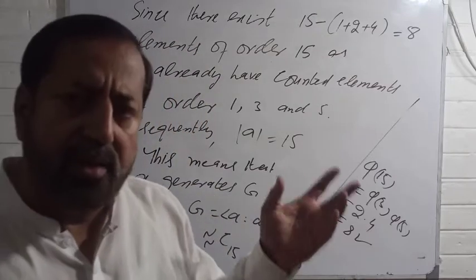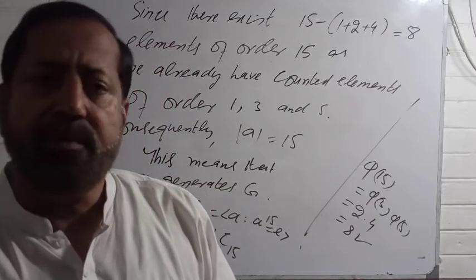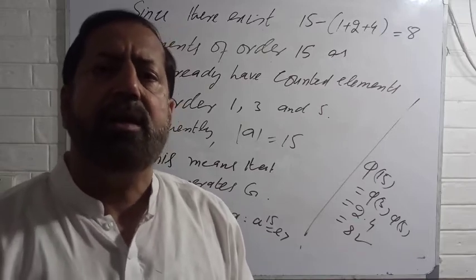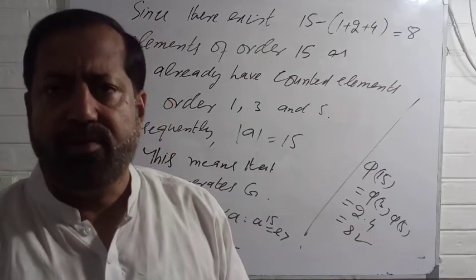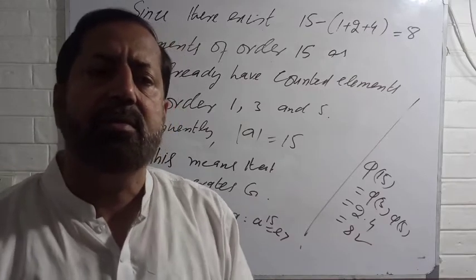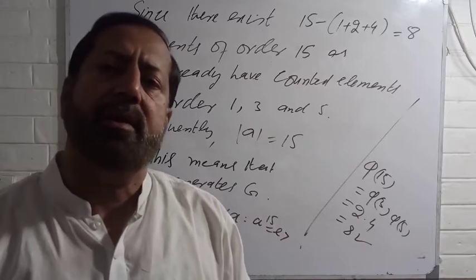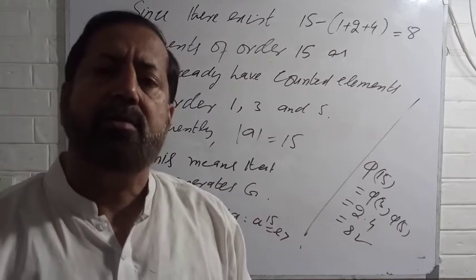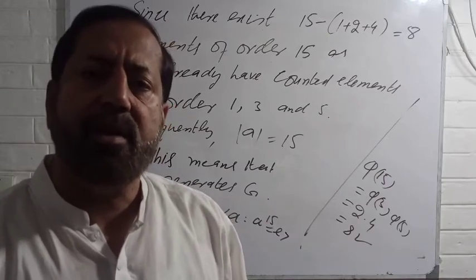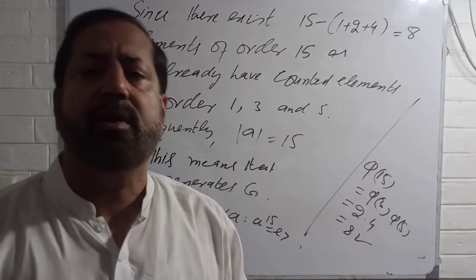So directly you can show this, because you know that there is a Sylow subgroup of order 3 and a Sylow subgroup of order 5. A group of order 3 is of course cyclic, because it has two elements of order 3, and similarly a group of order 5 has 4 elements of order 5. So 2 plus 4 plus 1 for the identity element, there are 7 elements which could have order 1, 3 or 5.